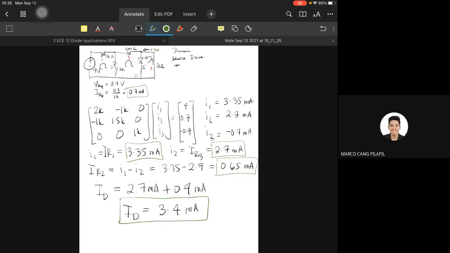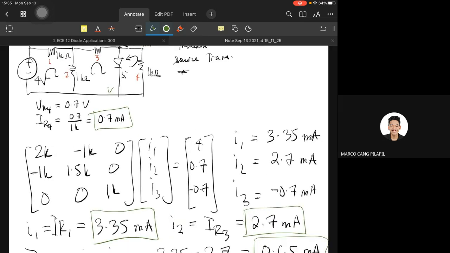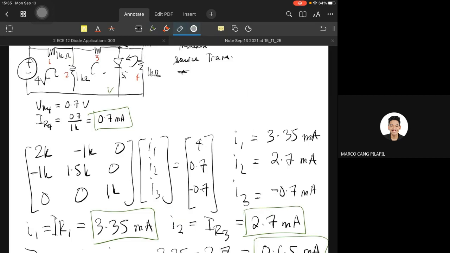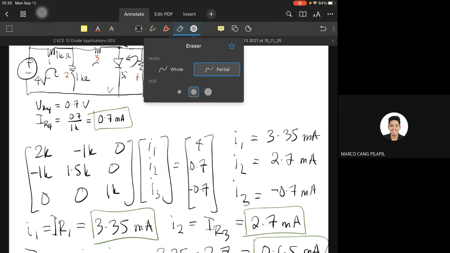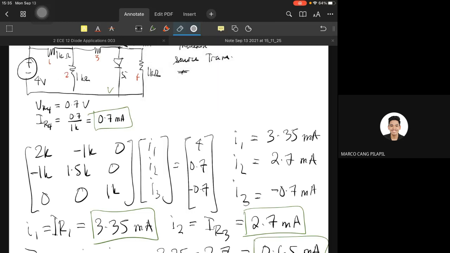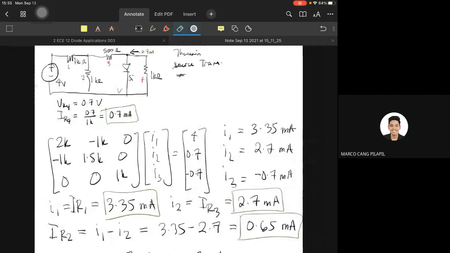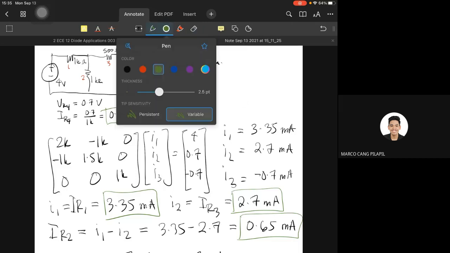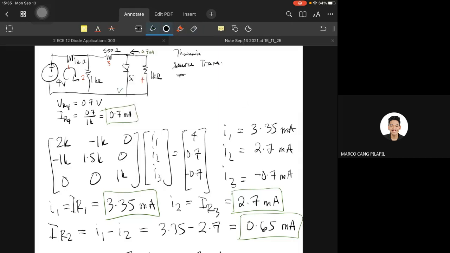Ay, sir, question lang, sir. Sa paghimo nimo sa matrix, sir, ba unsa na direction imong gitake para sa mga loop? Clockwise or counterclockwise? Clockwise. Kay I think ang sign sa point 7 na bali. Clockwise.